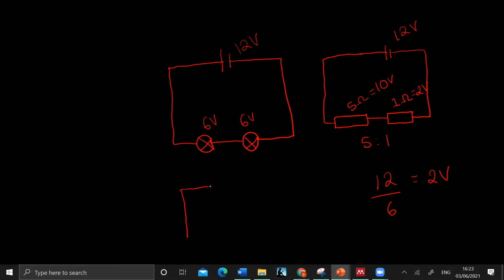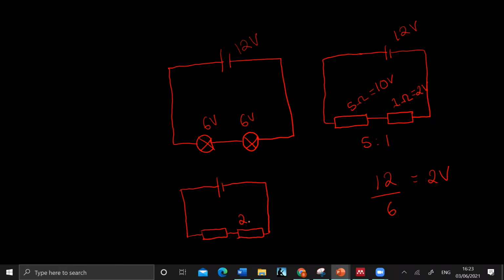Let's do it again with the same sort of thing: 2 different resistors again, not quite the same.